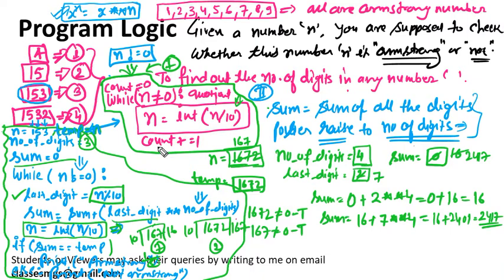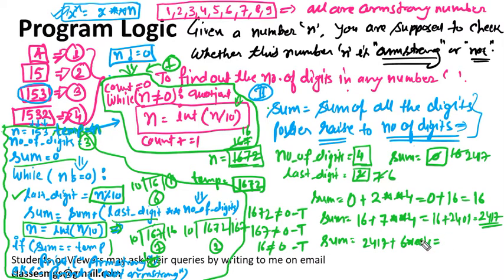Now again n is divided by 10, so n will become 16. So 16 is not equal to 0, condition true again. Again the last digit will be found by dividing by 10. The quotient will be 1 and the remainder is 6. So last digit will become 6. Now we need to calculate 2417 plus 6 raised to power 4.